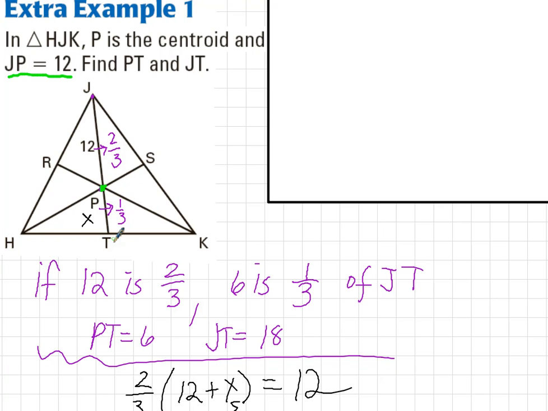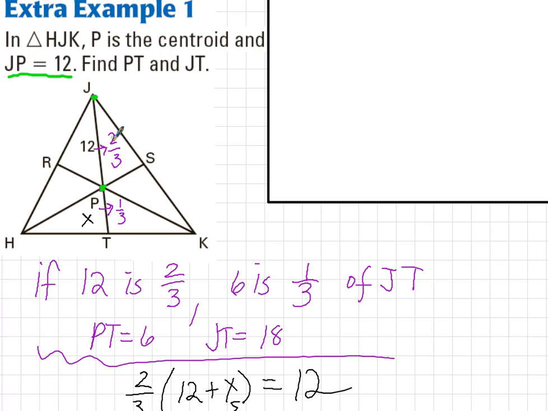Not the total length, but from J to P here, this top piece. We have to find the length of PT, the shorter piece of the same median, and the length of the whole median, JT.